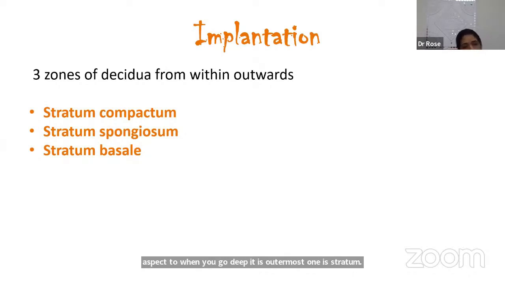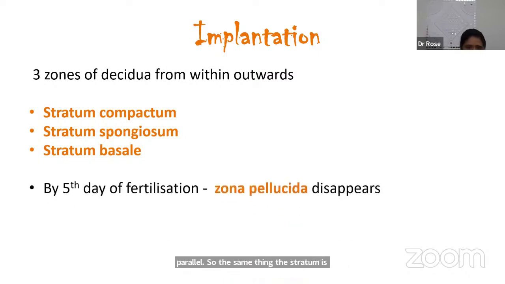When will you call this decidua? Once the blastocyst is implanted within the uterine endometrium, then you no longer call it stratum compactum, spongiosum, and basale. You will be calling it decidua basalis, capsularis, and parietalis. So the same thing, the stratum is called decidua after implantation.